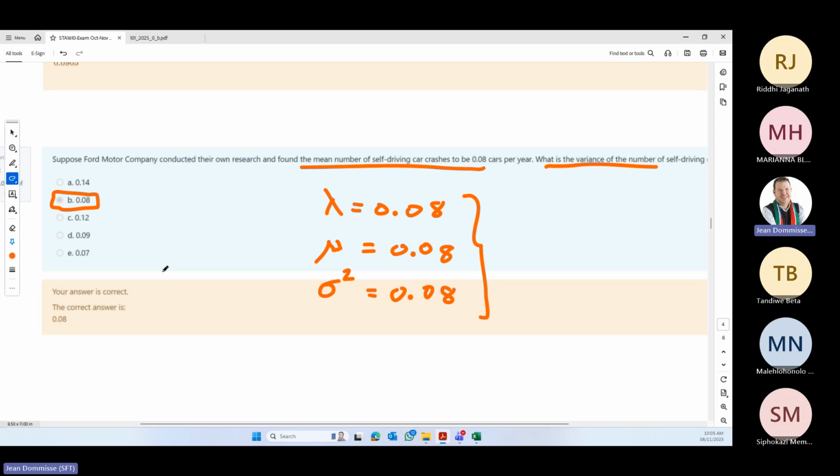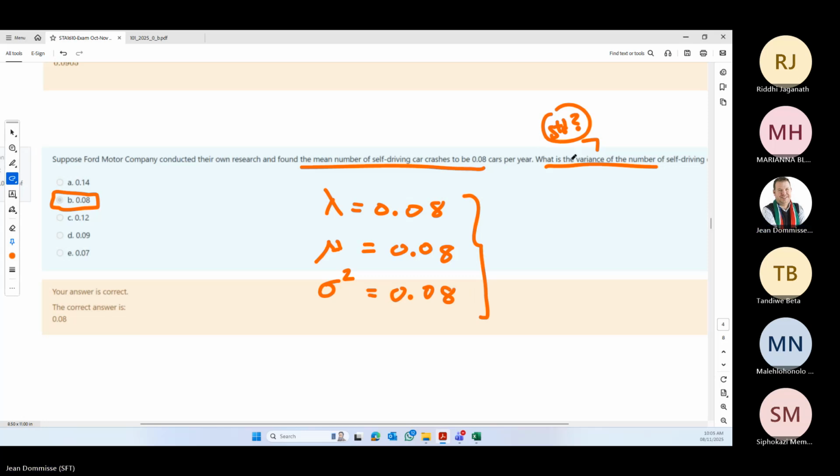Just be careful with a question like this, that they don't sometimes throw in the standard deviation.